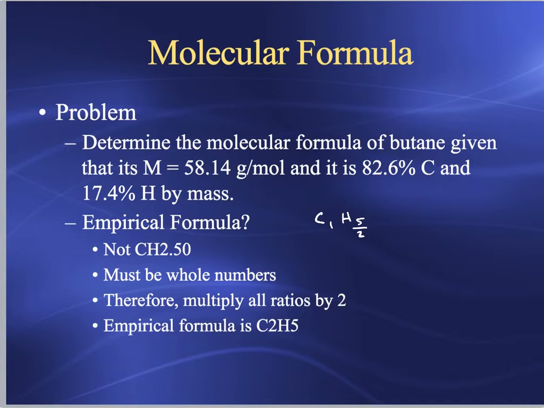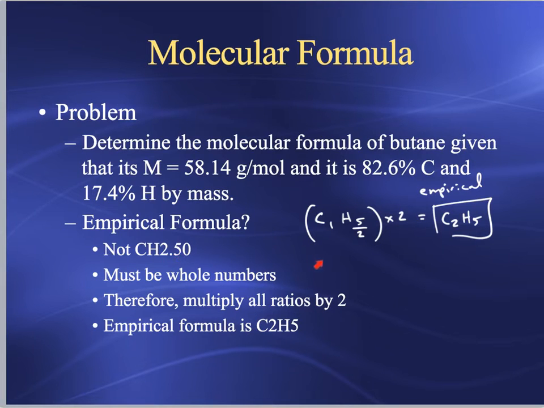If I wanted all of those to be whole numbers, to get rid of this denominator that's a 2, I would just multiply the whole thing times 2, and that would give us C2H5. Now this would be your empirical formula. The simplest whole number ratio, 2 to 5, 2 carbons for every 5 hydrogens. So that's actually what the empirical formula is, not this right here.